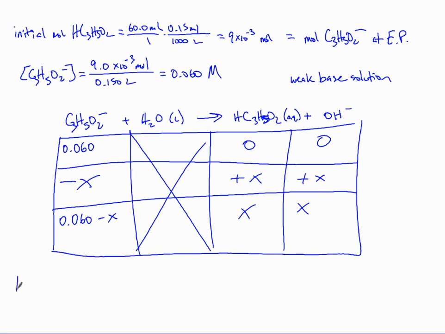So we're going to use the equilibrium expression here. Kb equals the concentration of the propanoic acid.